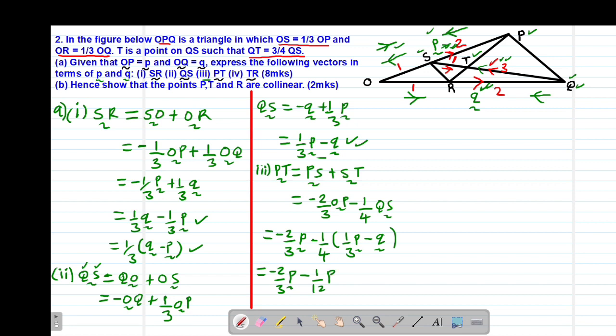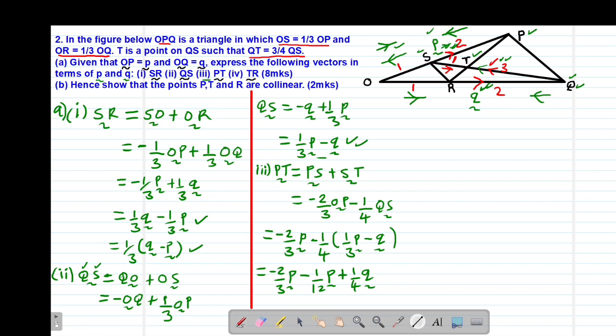Then negative times negative will give you a positive. So negative a quarter multiplied by negative Q, you get positive a quarter Q. Then of course we add the Q.